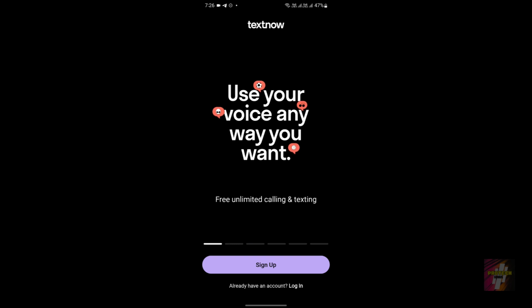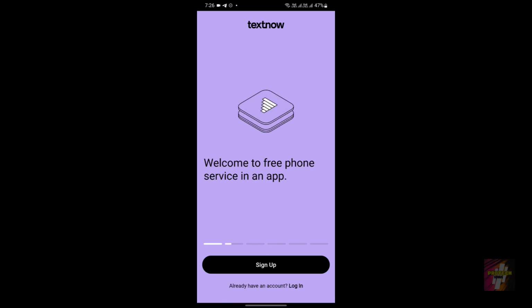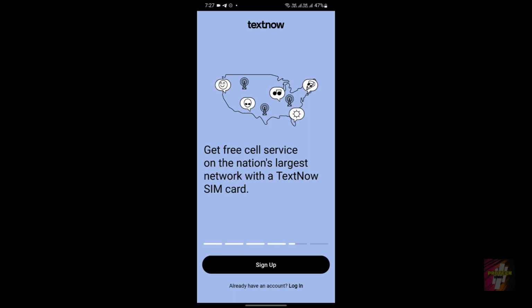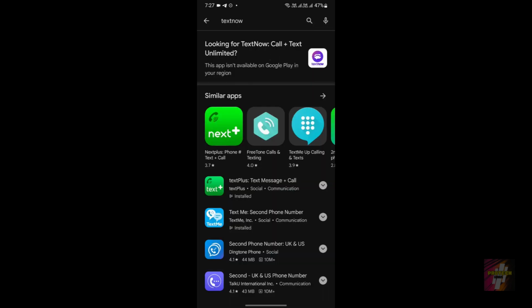Cold calling has been recently increasing in the US, and the scam calls have been increasing by a lot. So, in order to prevent those scams, the US government took the initiative to restrict virtual number providers such as TextNow and Google Voice, making the users entirely US citizens. So right now, if you are outside the US or Canada, you won't even be able to install this application. But there are ways with which you can solve it. I'll cover that in the later part of the video.